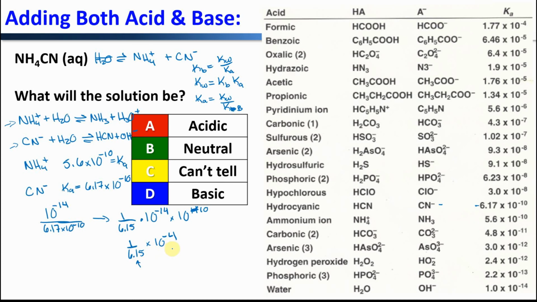So smaller than 1/2 times 10 to the negative 5, which is already larger than ammonium's Ka. What that tells me, without doing any button pushing at all, because I wasn't asked to solve for anything, is that CN minus's Kb is higher than NH4 plus's Ka. So it's going to be the dominant reaction, which means I'm going to have something that is more basic. All right, next one we'll do some math.